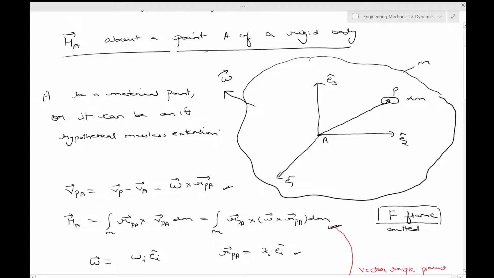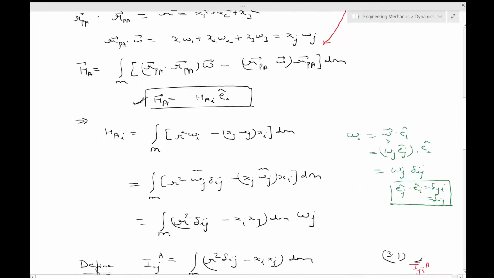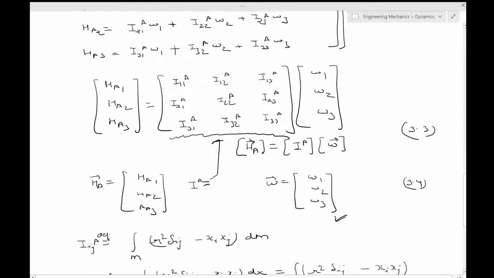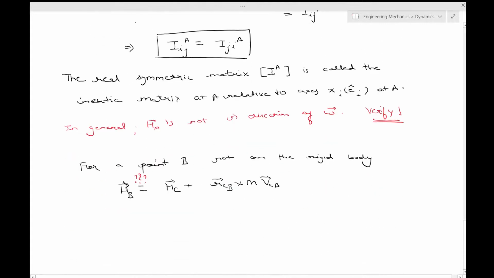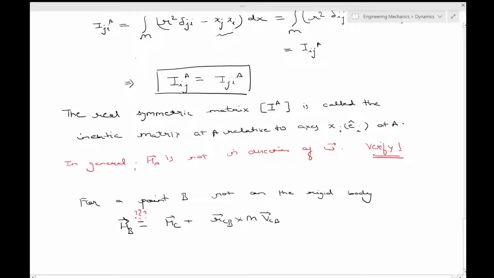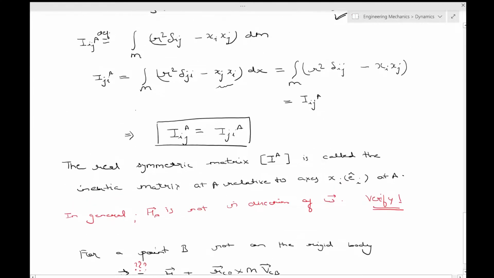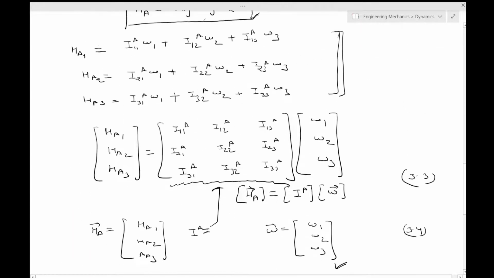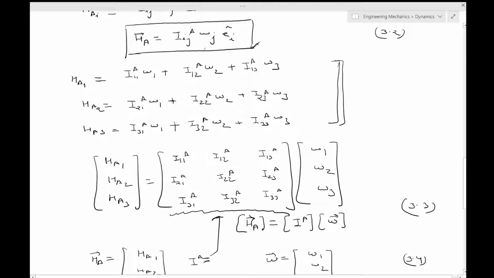I haven't really shown it, but let's just put our center of mass somewhere over here, H_C. Now since C is as good a point as A, we want to write this H_A, 3.2 over there.